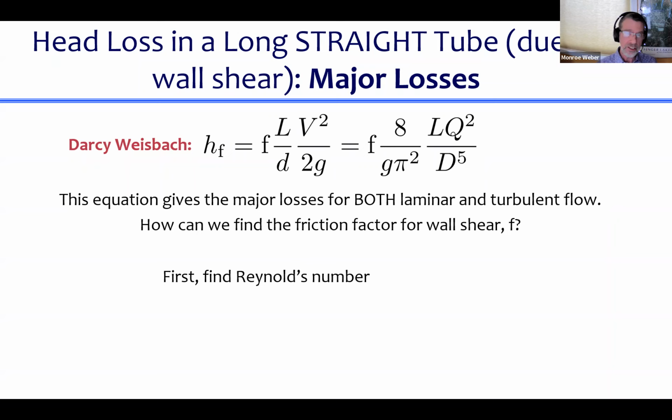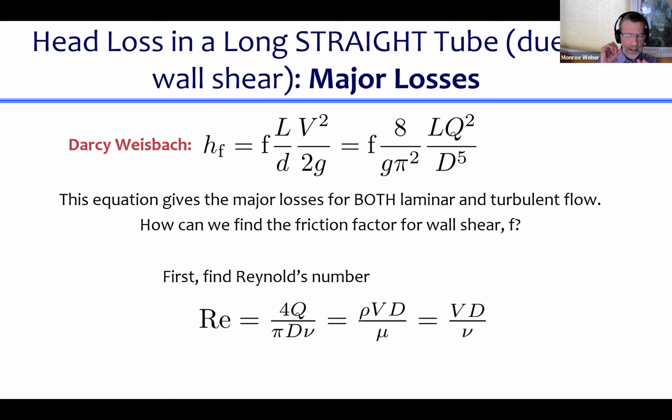So how do we get that friction factor? That friction factor is kind of the elusive parameter here. So the friction factor is going to be a function of the Reynolds number. Reynolds number is a measure of the force of inertia divided by the force of viscosity. So it's a ratio of those two forces. So if inertia is large compared with viscosity, then you have a high Reynolds number.